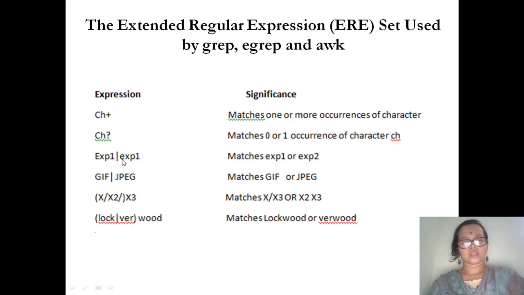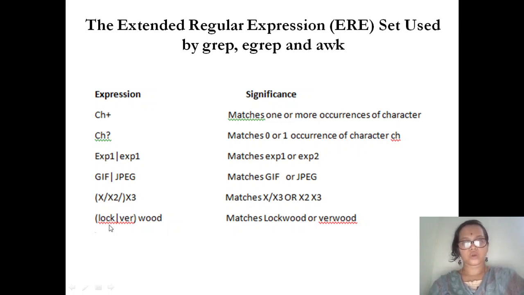If you give two words like GIF and JPEG, it matches GIF or JPEG. And if you give the search pattern in this fashion, x/x2/x3, it matches x/x3 or x2/x3.